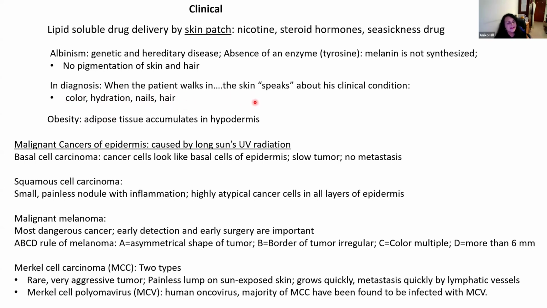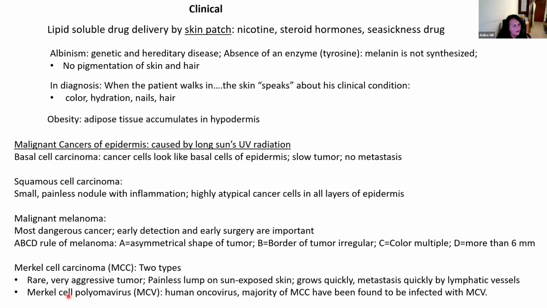Basically, the skin really helps immediately give you a clinical impression about the person. Obesity, when we have too much hypodermis, right? But unfortunately, the fat accumulates not only under the skin, but inside the organs as well. Like, for example, in the heart, where the epicardium is.